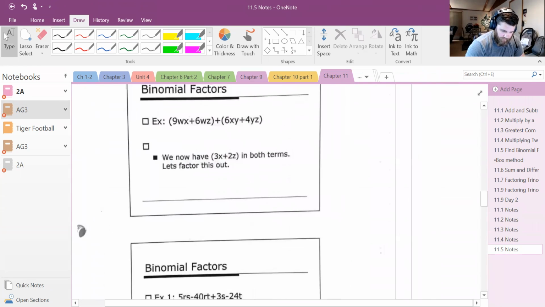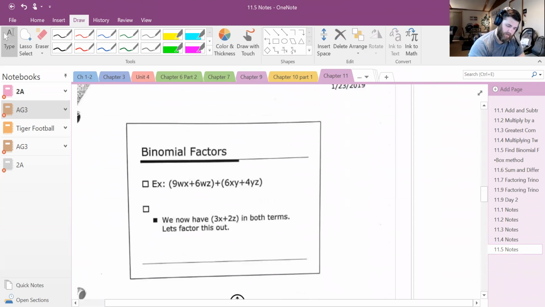Okay, so in this problem, we have what? So we group the first 2, we group the second 2. So in the first 2, we have 3w. We can pull out of both, right? So it's going to be 3x plus 2z, right?